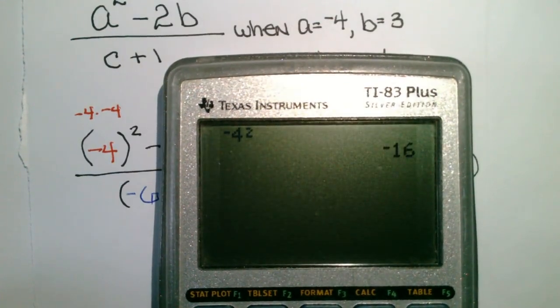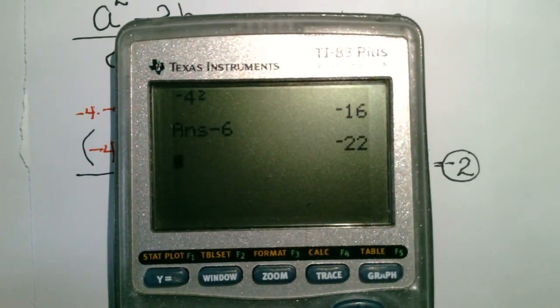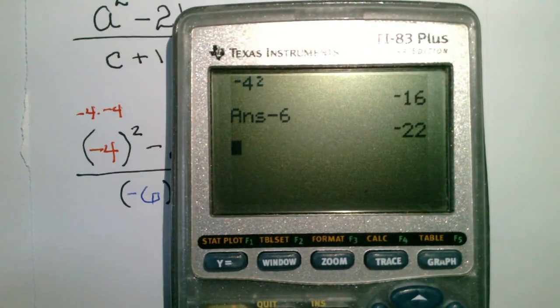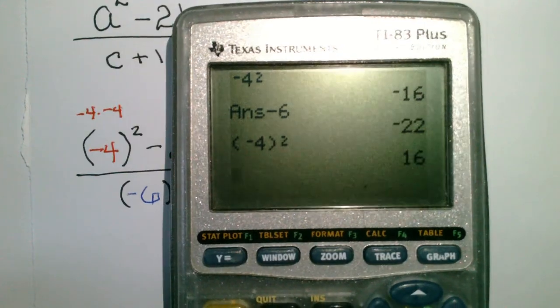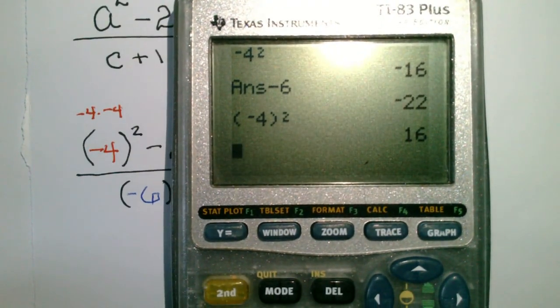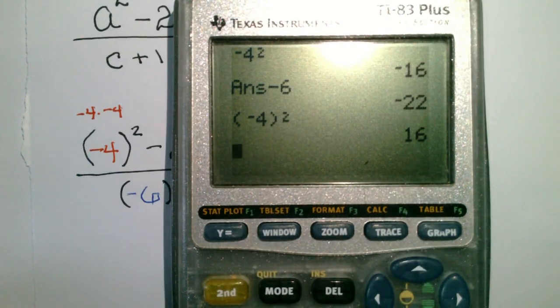And then when you see that negative 16 and that negative 6, you're going to get a negative 22. But we are squaring not just the 4, but we're also squaring the negative. So when I plug in a negative 4, and I'm putting parentheses around it because I'm taking care of the negative and the 4, I'm going to get my 16.